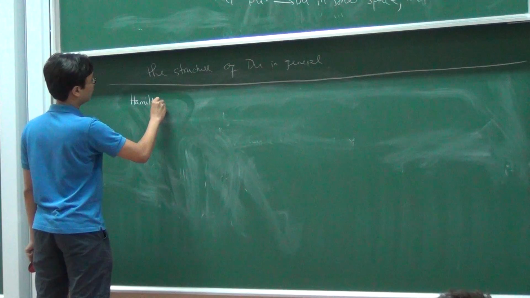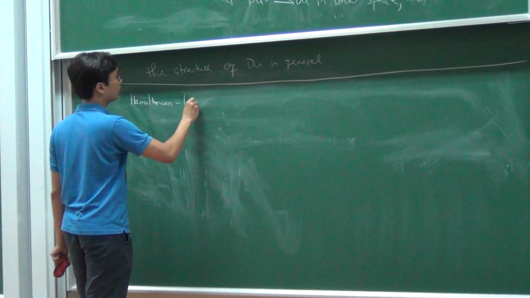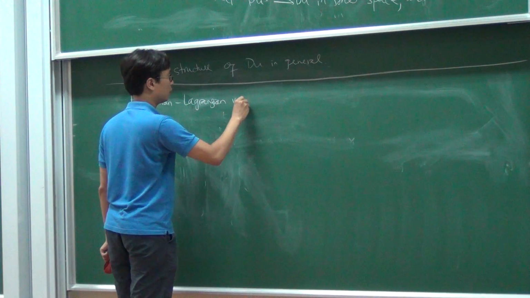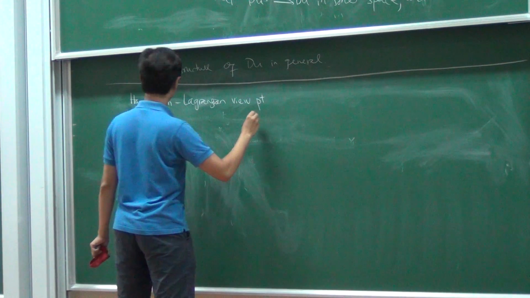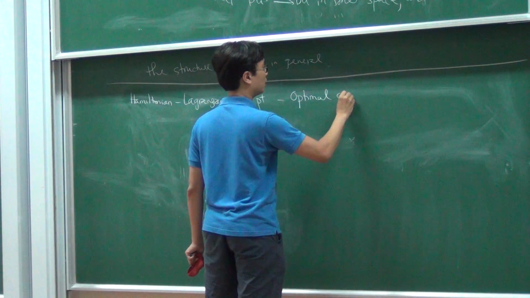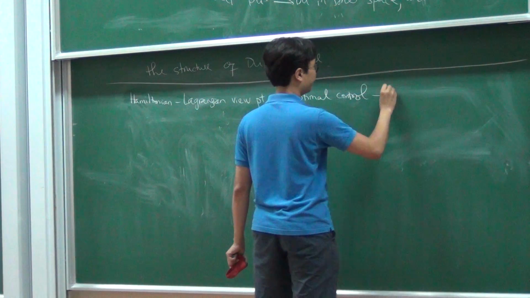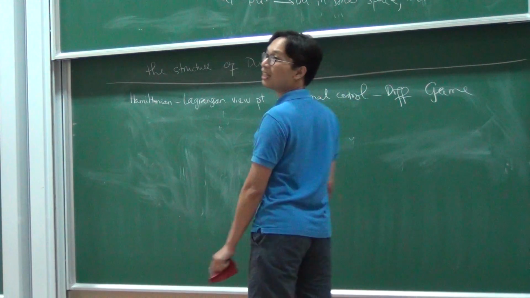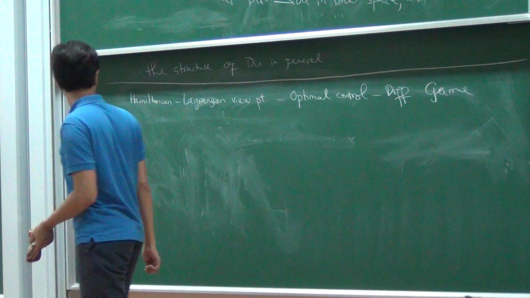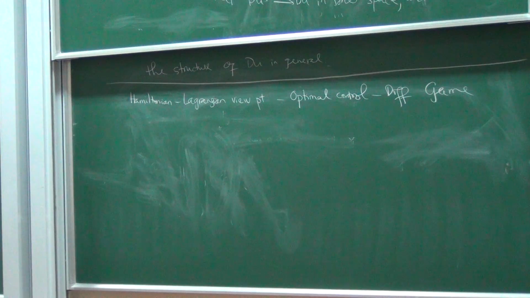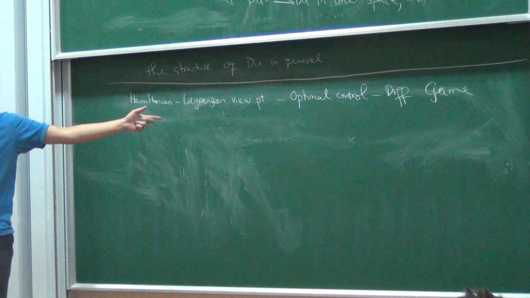I'm going to switch to the Lagrangian viewpoint, optimal control, and differential games. I'm going to switch to a completely different thing, and I'm going to show that from all those viewpoints, we get this solution.